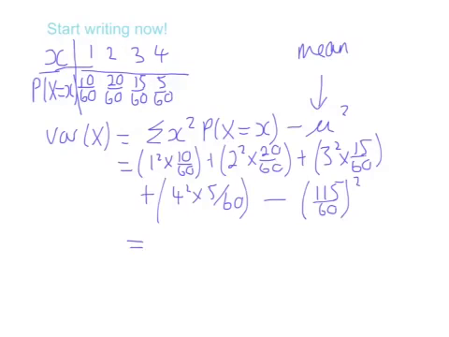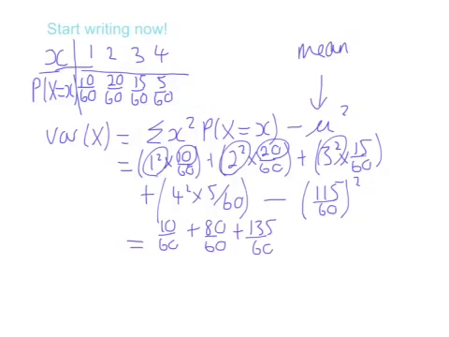Right, I'm going to do a little bit of evaluating. 1 squared times 10 over 60 is 10 over 60. 2 squared is 4 times 20 is 80 over 60. Plus 3 squared is 9 times 15 is 135 over 60. 4 squared is 16 times 5 is 80 over 60 minus my mean squared.